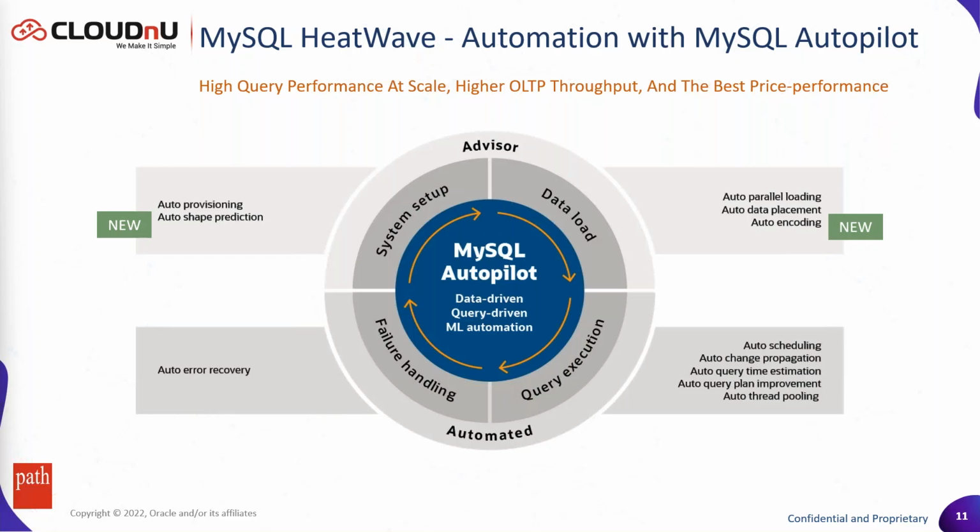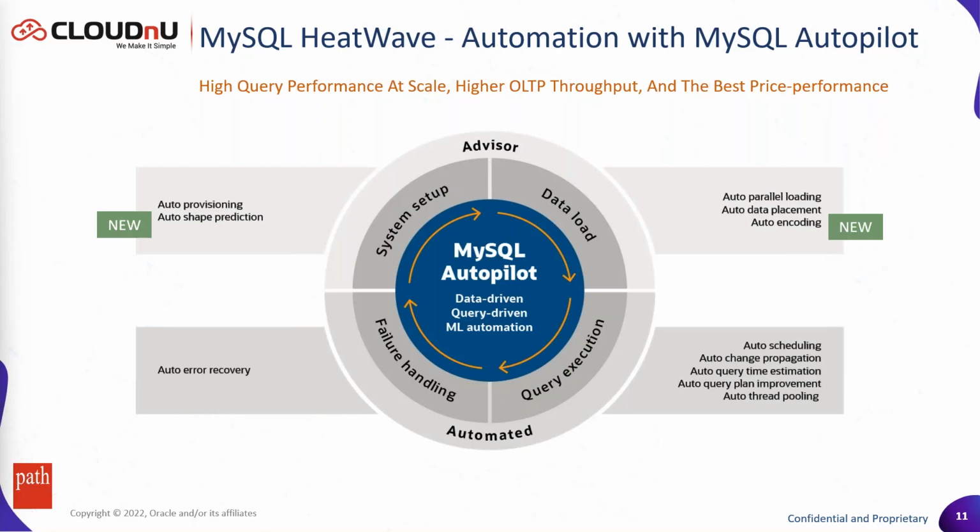And then there's thread pooling. Thread pooling helps the performance of your database. Well, MySQL Autopilot has thread pooling to do that for you. You don't have to set it up. You don't have to worry about it. And then one more thing. It also tells you how to improve your shape.